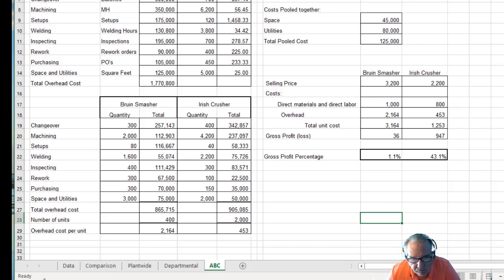Okay, I'm back. Hopefully you got $453 as the overhead cost per unit for the Irish Crusher.